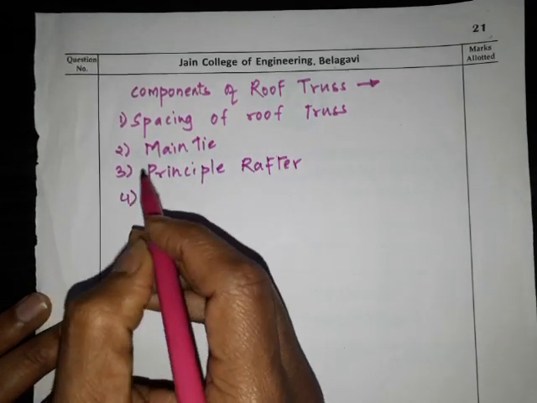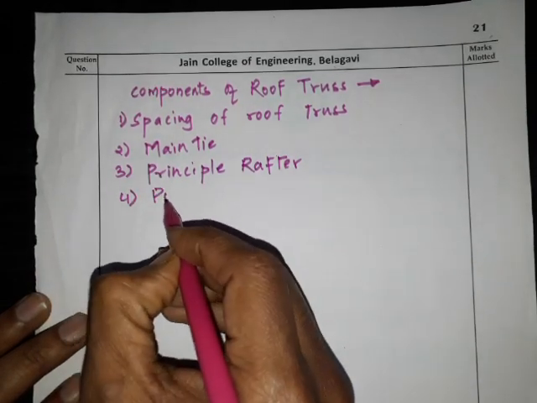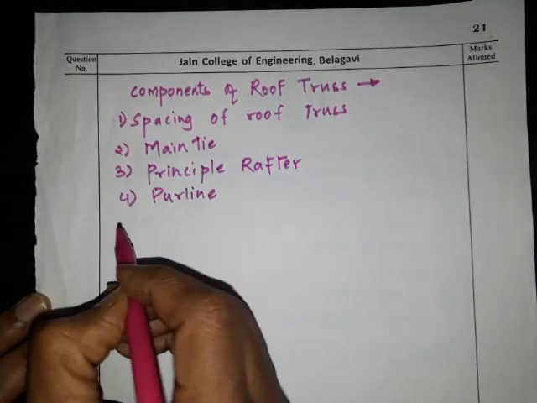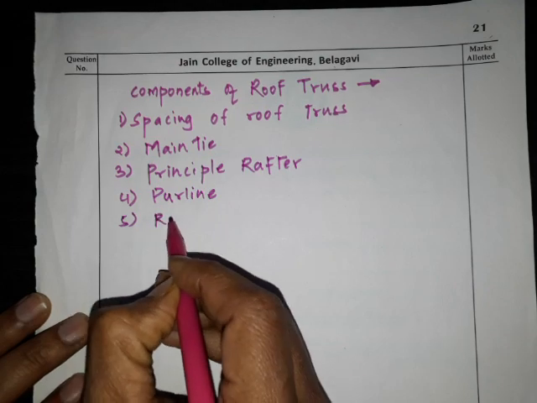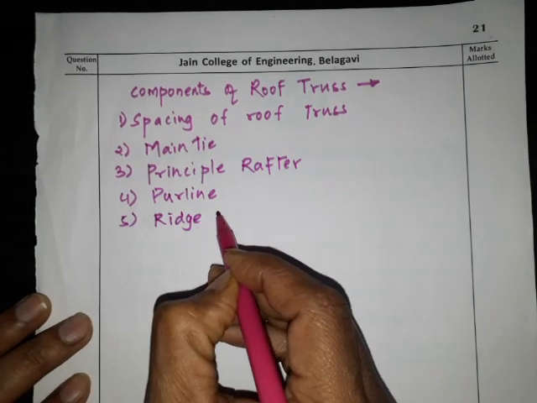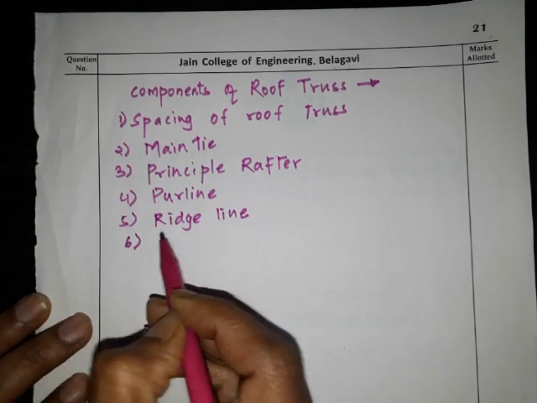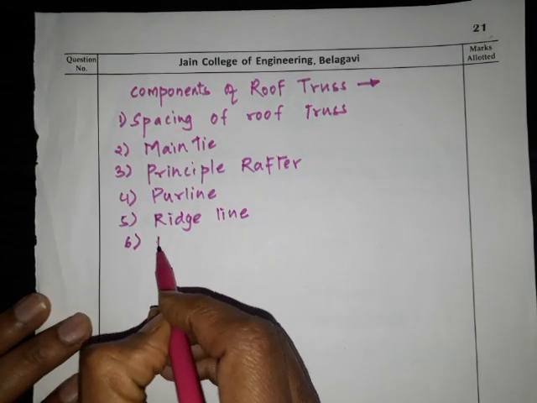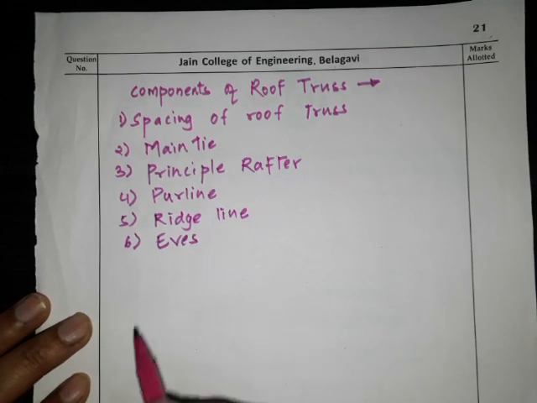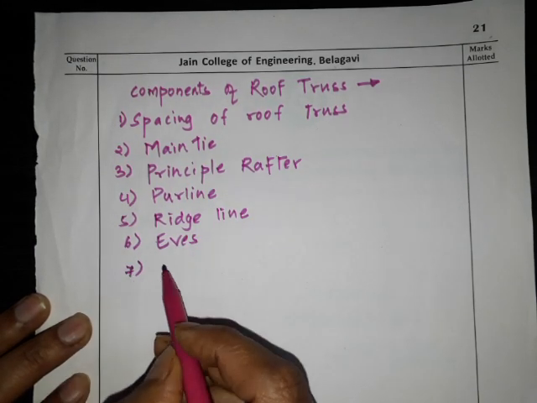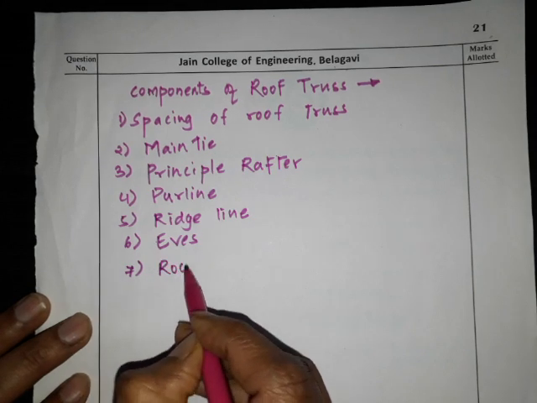Then we have purlin, then ridge line, then eaves, and the next is roof covering.